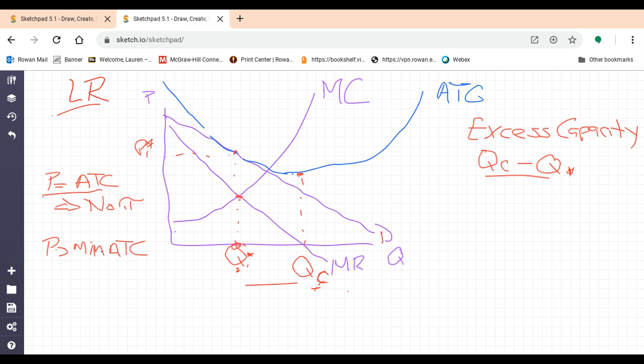So these differences allow us just to have better products that fit ourselves versus everyone. And that's really all you need to know for monopolistically competitive markets.